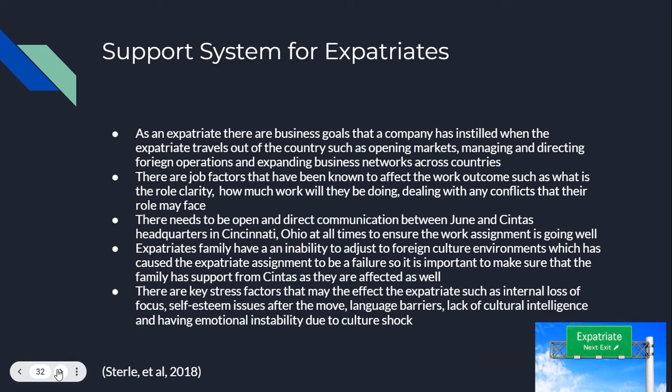There are key stress factors that may affect the expatriate, such as internal loss of focus, self-esteem issues, issue after issue after the move, language barriers, lack of cultural intelligence, and emotional instability due to cultural shock.